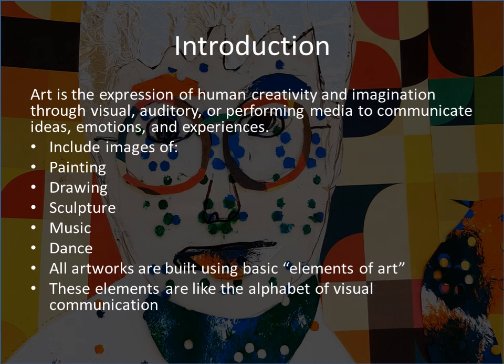It includes painting, drawing, sculptures, music, poems, singing, and dances, and all artworks are built using basic elements of art. These elements of art are like the alphabet of visual communication.